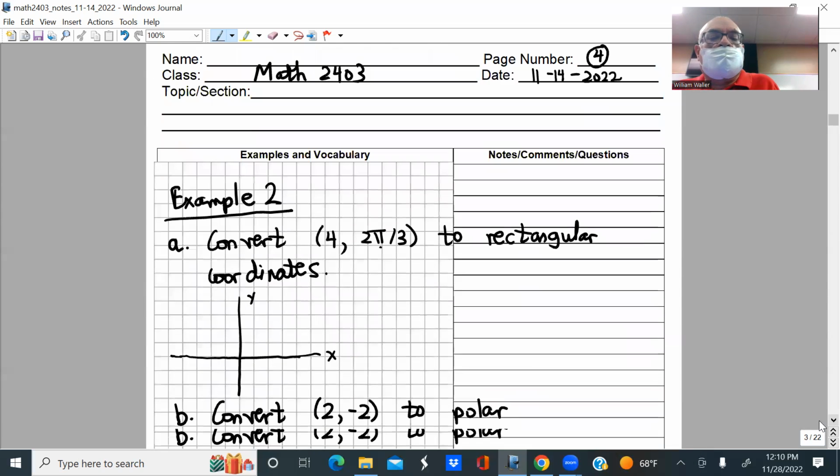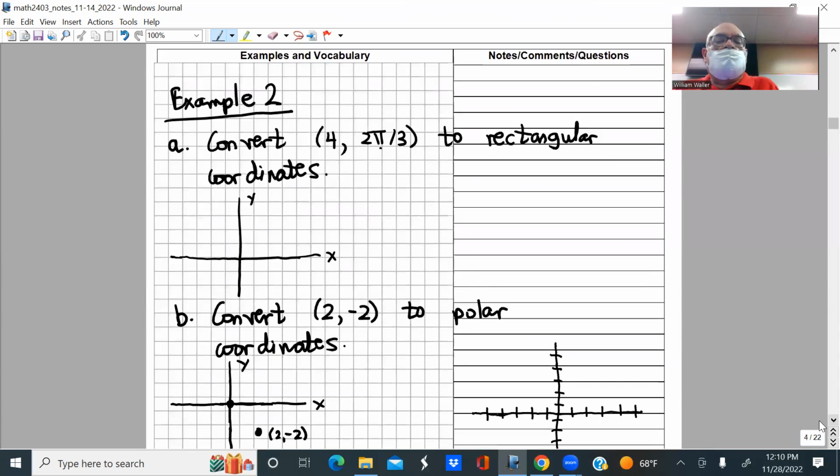Let's try using our conversion formulas. So can we convert this one to rectangular coordinates? That's polar coordinates, so where would that be? That's 2 pi over 3. Where's 2 pi over 3 here?